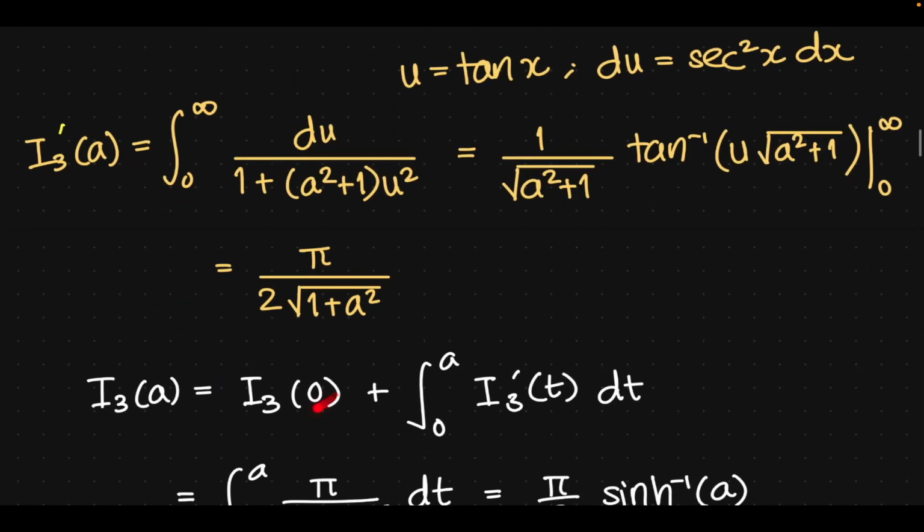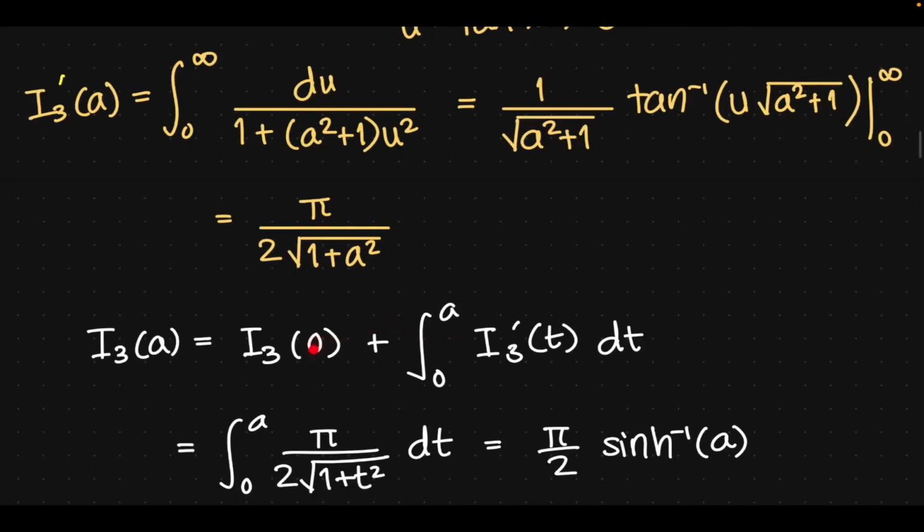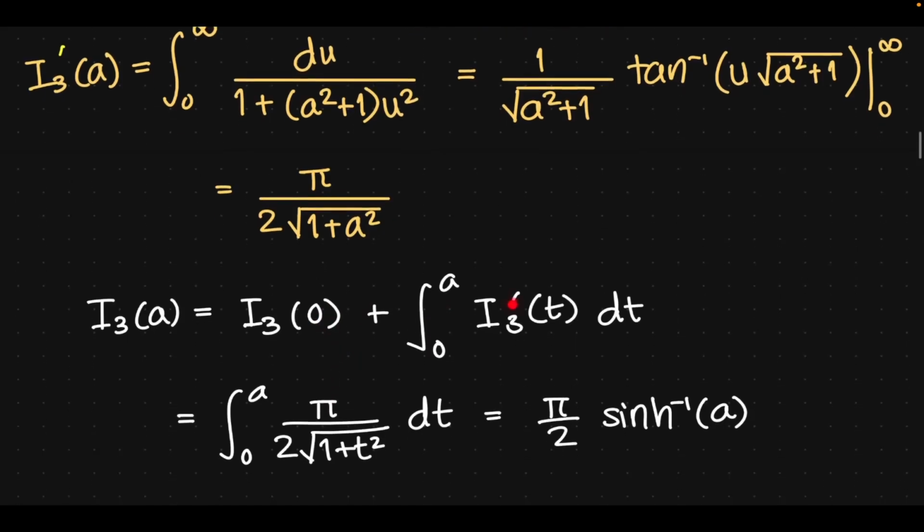To get I3 of a, we see that I3 of a is just I3 of 0 plus the integral from 0 to a of I3 prime of t dt, from the fundamental theorem of calculus. I3 of 0 is indeed 0, because we have arctan of 0. So we just had to evaluate this integral from 0 to a, and we know what I3 prime is. It's pi over 2 square root of 1 plus t squared dt, because the integration variable is t instead of a.